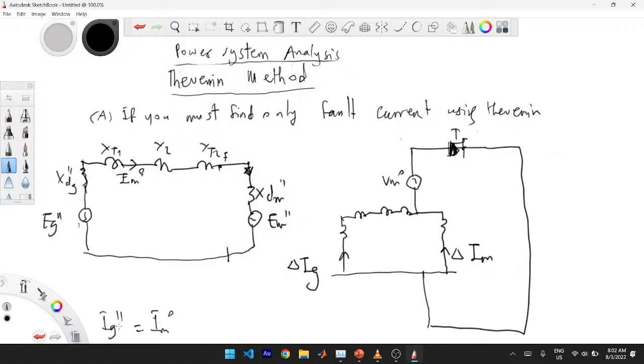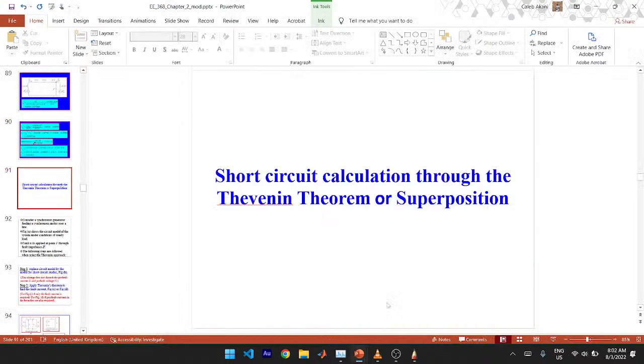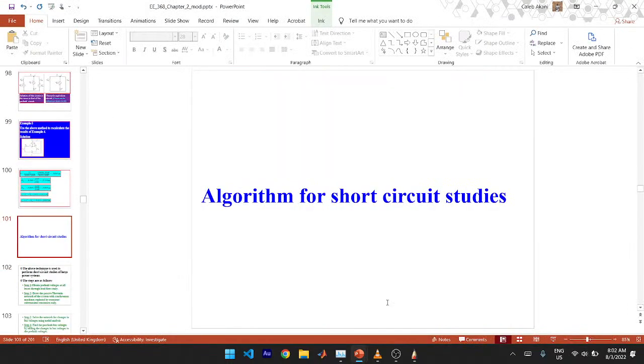So my IG prime prime is given by, if you check, the change in IG and IM naught are all flowing in the same direction. So it will be IM naught plus change in IG. The IM naught you found using that P naught over V cos phi will come here. Then the change in IG we found will come here. But for your IM prime prime, I want to show you here.